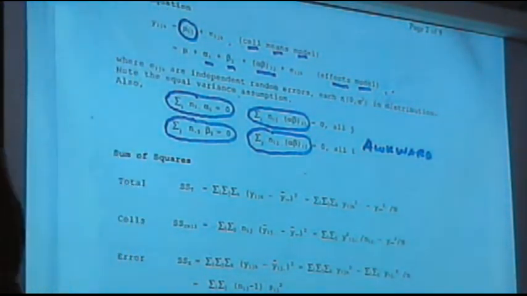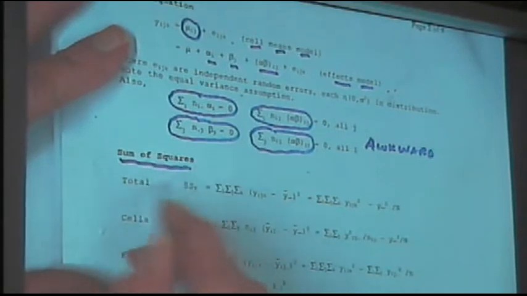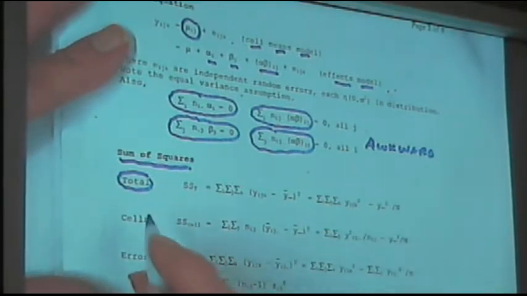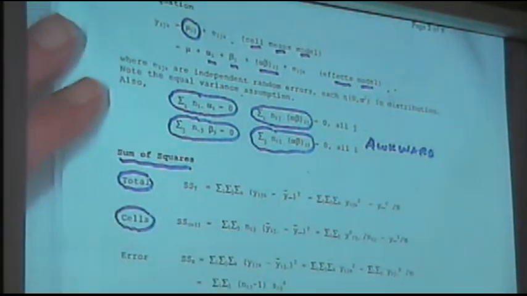So then we turn to sums of squares. We have a sum of squares total. If you look at this formula, you'll notice it's the same one that we had before. No change. Look at the sum of squares cells, as I've called it here. I think in earlier handouts this might have been called sum of squares treatment even. But let's just leave it be called sum of squares cells.